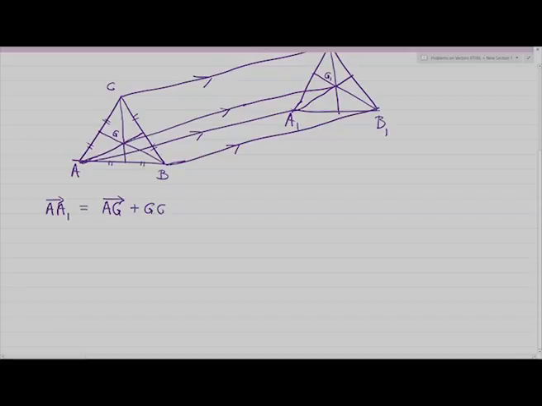So, I can write this as G1 bar plus, then if I want to go to A1, there is a vector of this form which is G1 A1 bar. Can you verify this? We have actually used the triangle law in an implicit manner. We started with AG and then reached G1, so it is AG1 bar, and then we again used the triangle law, AG1 bar plus G1 A1 bar, and therefore we have moved from A to A1.